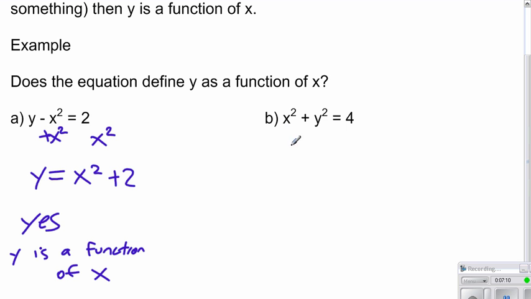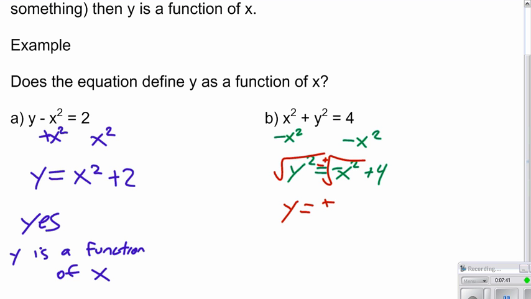For example B, we're going to try the same thing. We're going to try to solve for y. So let's first move this x squared over. So we have y squared equals negative x squared plus 4. Now we need to get rid of the squared on the y, so square root, but that makes plus or minus, so we have y equals plus or minus the square root of negative x squared plus 4.